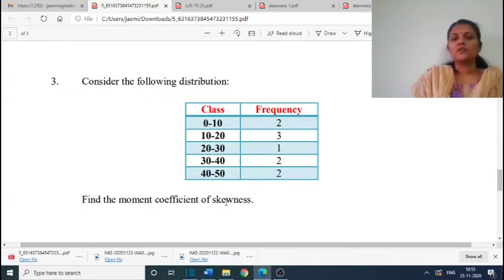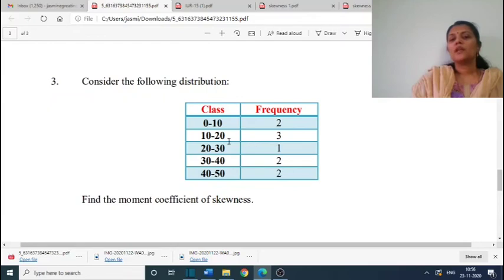For that you have to find x. For the first class, x is 5; for the next class, x is 15; for the class 20 to 30, the value of x is 25; for 30 to 40 it's 35; and for 40 to 50, x is 45. The next column is for frequency.